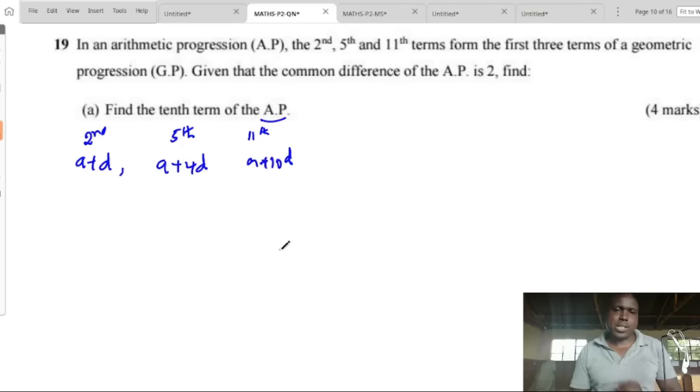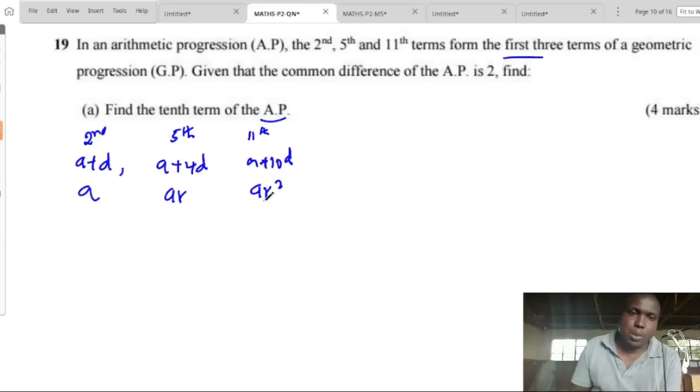I hope you know what I'm doing, because you should know. Now, this is the same as the first three terms of the geometric progression: AR and AR squared.